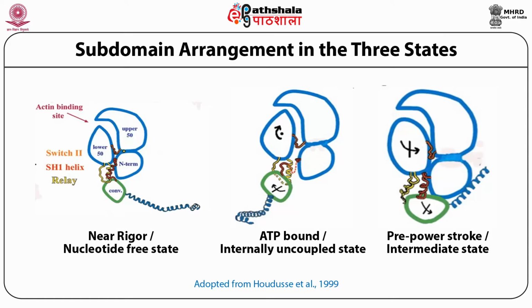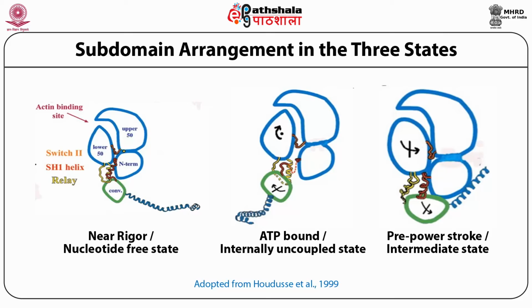The 50 kilodalton lower domain moves away from the N-terminal domain, and there is a distance between the 2 domains, so the SH1 helix contacts are lost and due to this it is melted. The SH1 helix generally has 2 glycines in almost all myosins, which makes it a very flexible helix and it melts. Because of this, we expect the unproductive movement of myosin is not caused.